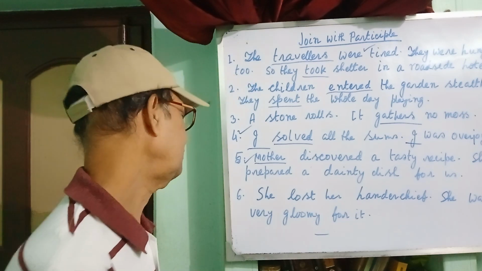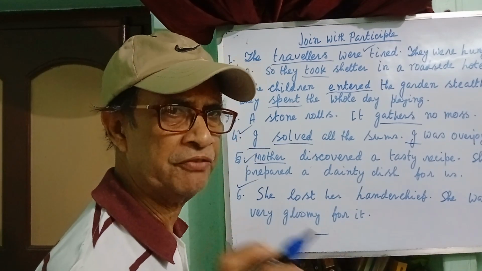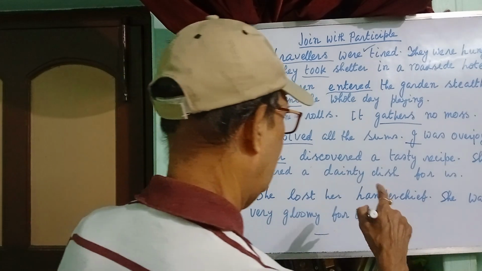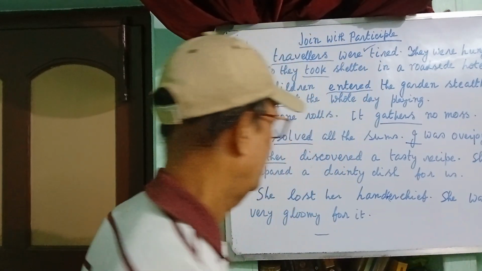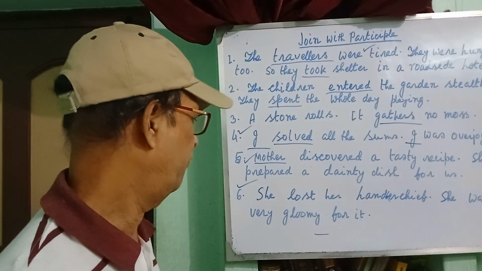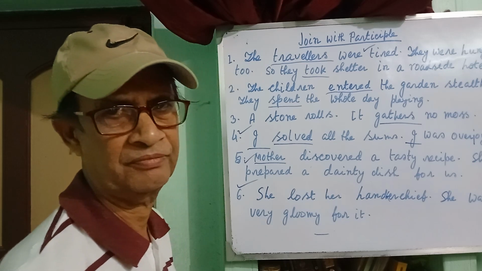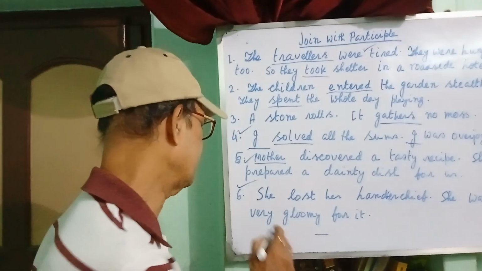Clear? Now my sixth item is: She lost her handkerchief. She was very gloomy for it. So here the subject is the same person, that is she.